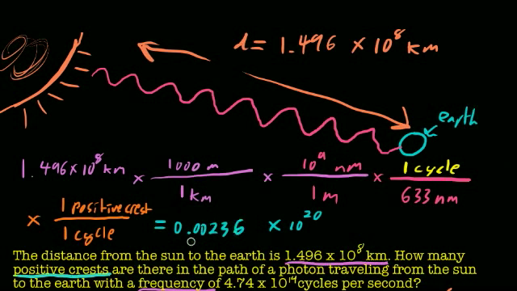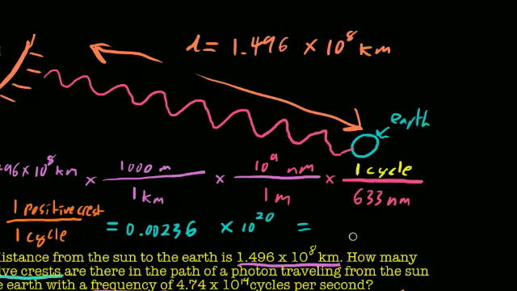And now what's the last thing that we could do? Well, we could move this decimal place over a few places, right? We could move it over 1, 2, 3 places.